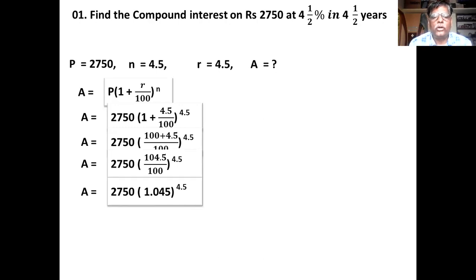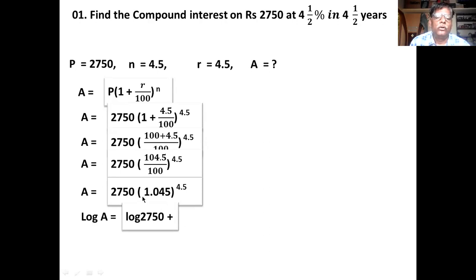In this stage, you have to apply the log. So log A is equal to log 2,750, and in these two terms, the multiplication sign is there.